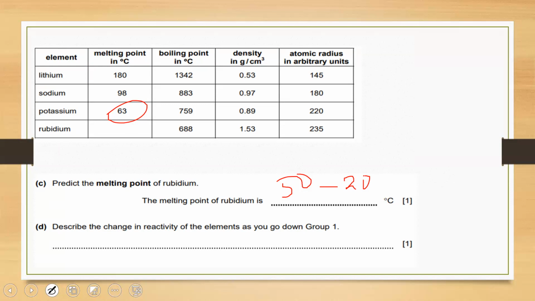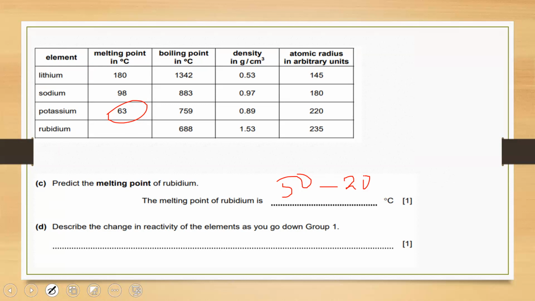Then we describe the change in reactivity of the element as we go down group 1. If you move from lithium even to francium, we discover, even in the reactivity series, that in alkali metals, group 1 elements, reactivity increases as we go down the group.